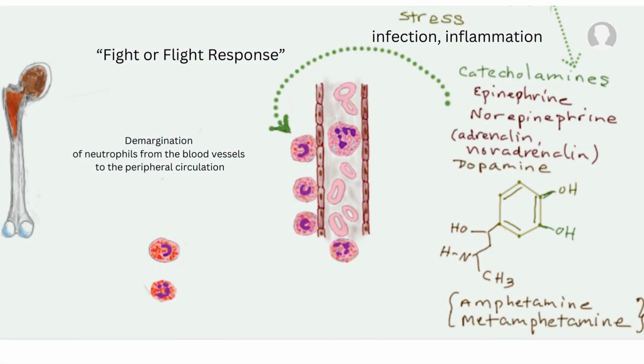Stressors like infection and inflammation will initiate a catecholamine response from the adrenal glands so that we have a fight or flight response. And this will cause demargination of neutrophils from the blood vessels to the peripheral circulation where they are needed the most.